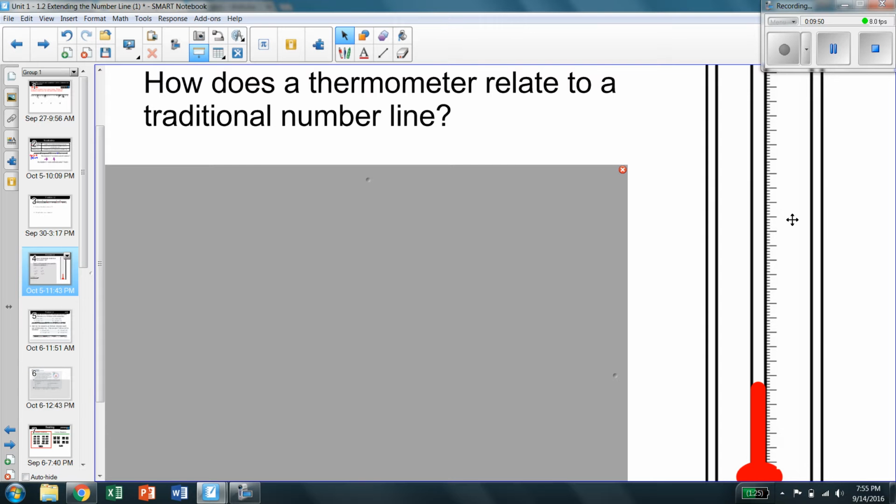If you take a number line and flip it on its side so that it's vertical like this, you really get a thermometer.